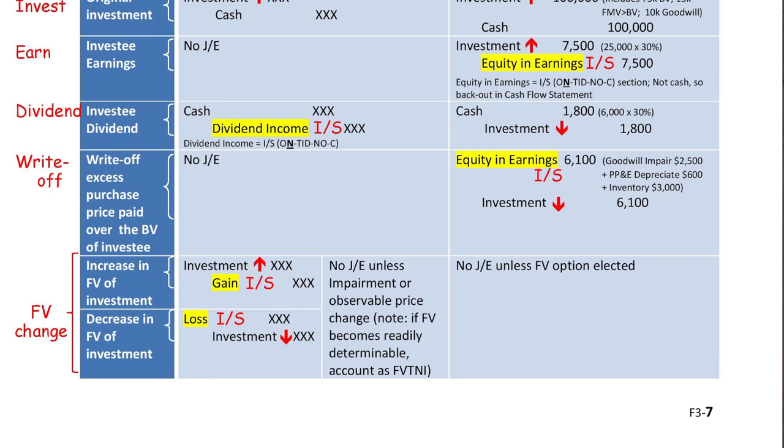So basically, the fair value change has no impact unless, underline, it's an impairment or observable price change. Now, under the equity method, again, the fair value changes have no impact. So underline no journal entry unless the fair value option is elected. And we'll talk about this on the next page.